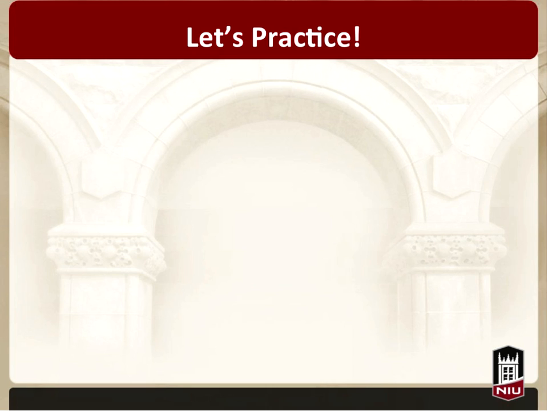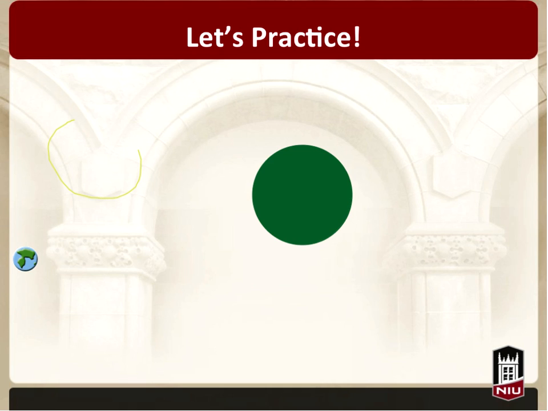So I have a few tasks that I jotted down that I'd like for us to try together here. The first thing I'd like you to try is a little bit of drawing. I'd like you to draw a green circle. I'm going to place one here on the screen, and then I'm going to have you try to replicate that.